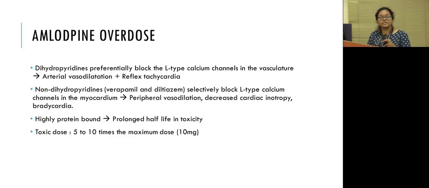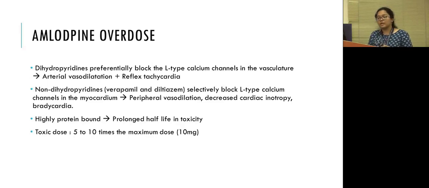Dihydropyridines act primarily on the calcium channels in the vasculature, resulting in arterial vasodilatation and reflex tachycardia. Non-dihydropyridines like verapamil and diltiazem selectively block the calcium channels in the myocardium, so they have peripheral vasodilatation, decreased cardiac inotropy, and more bradycardia. This tachycardia versus bradycardia is one of the prime differences between these two calcium channel blockers.